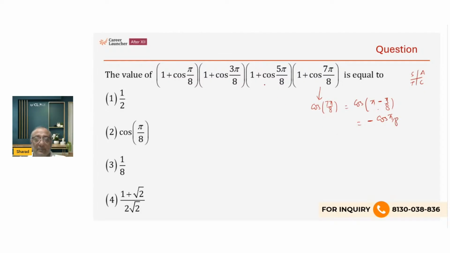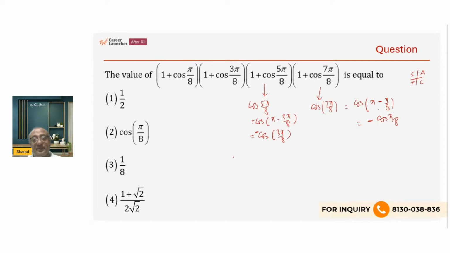Similarly here, cos 5 pi by 8, children. What will it be? Pi minus 3 pi by 8. Why am I doing it? Yes, it is a second quadrant angle. Pi minus theta is the associated angle. This will become cos 3 pi by 8, but did you forget one thing, sir?